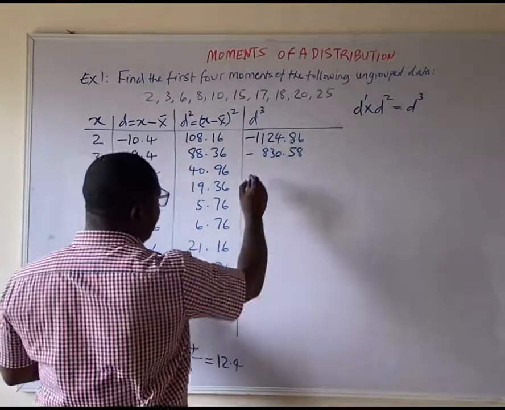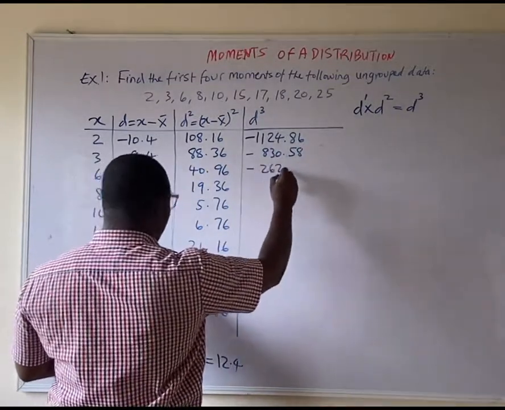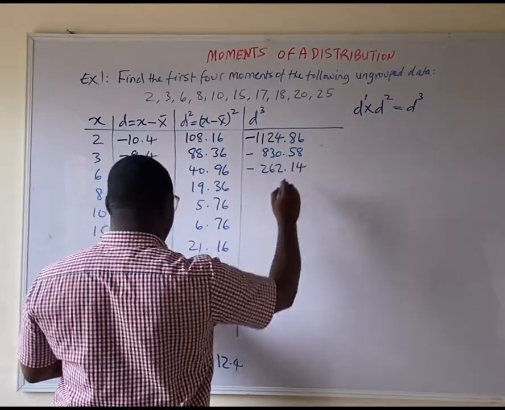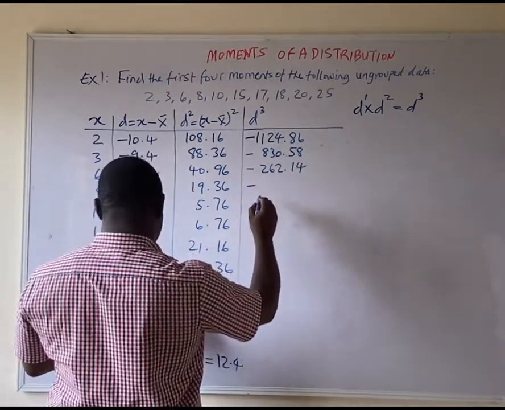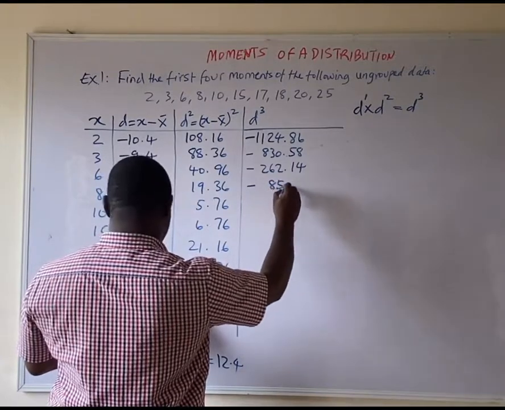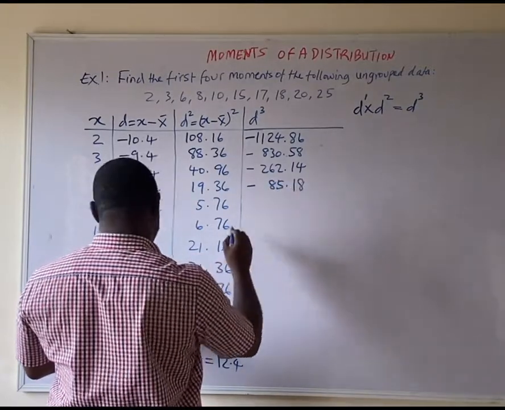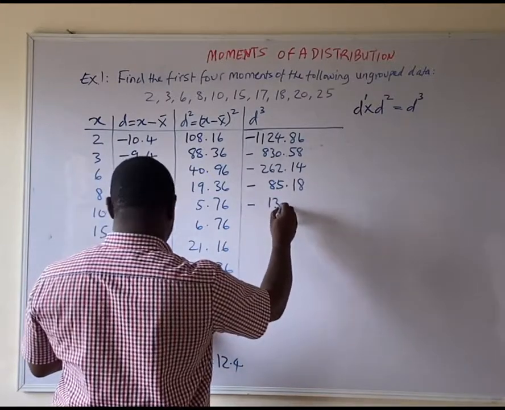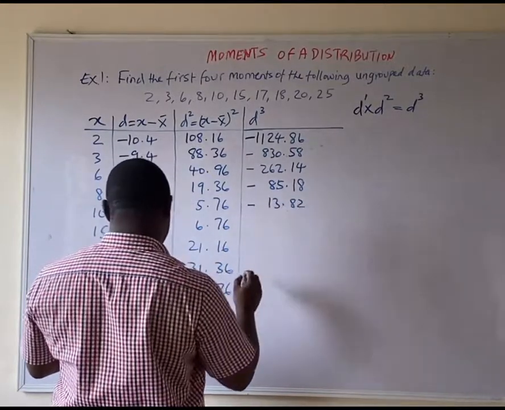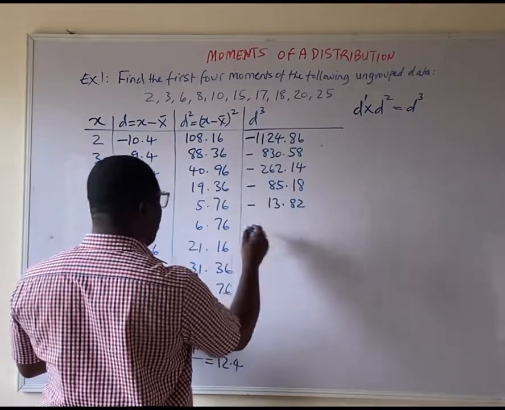The next one is minus 262.14. The next one is minus 85.18. The next one is minus 13.82.